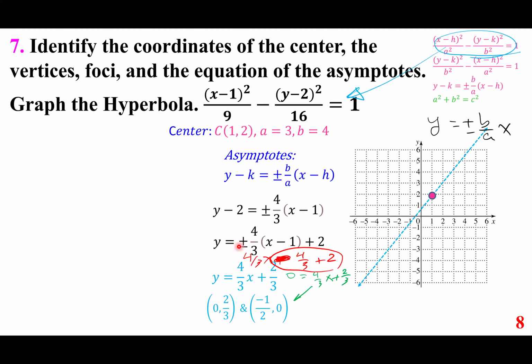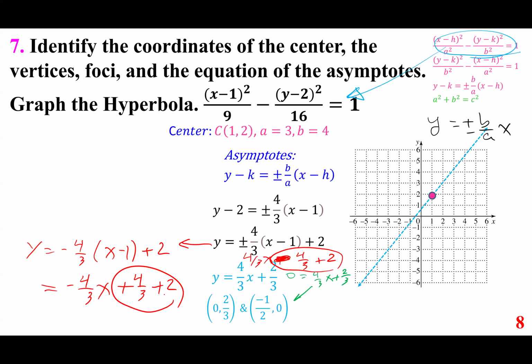Now let's go with the minus. So I'm going to write here y equals minus 4/3 x minus 1 plus 2, which makes it minus 4/3 x plus 4/3 plus 2. And these two add up to 10/3.